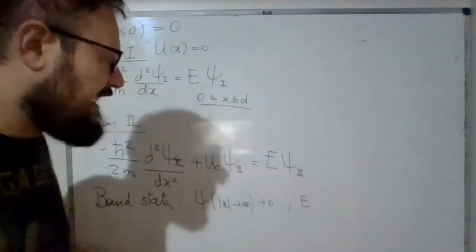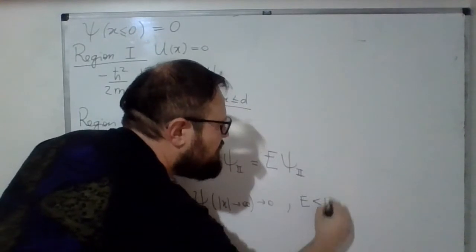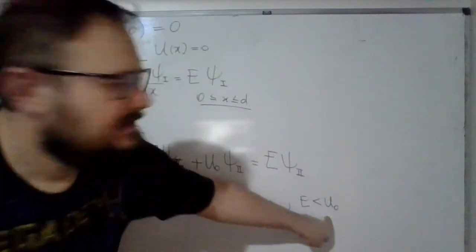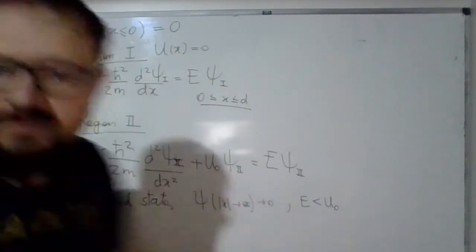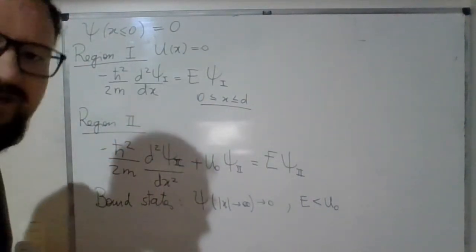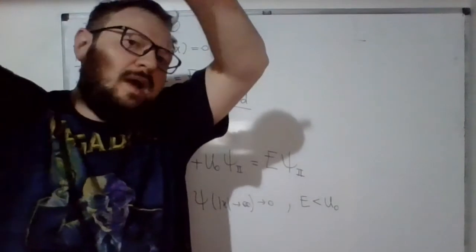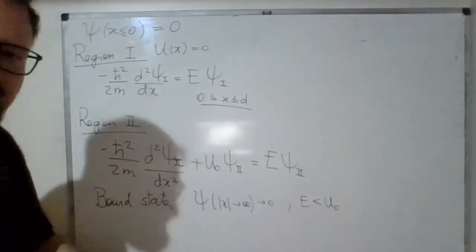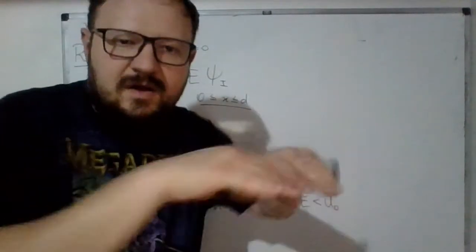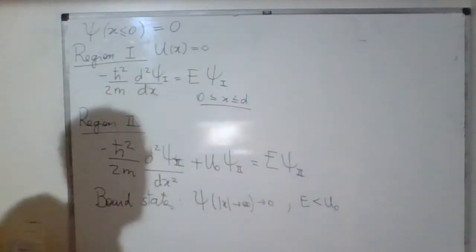Inside the well, the energies must be lower than U0. The energies must be below the top of the well. So in this case, particles will be confined inside the well.